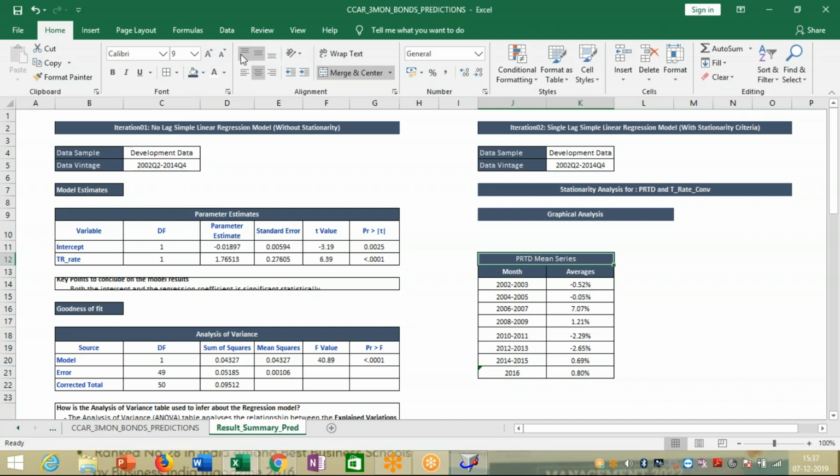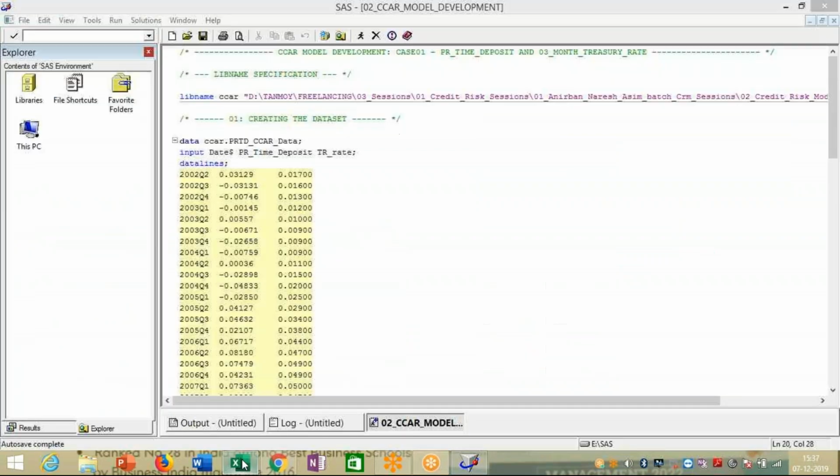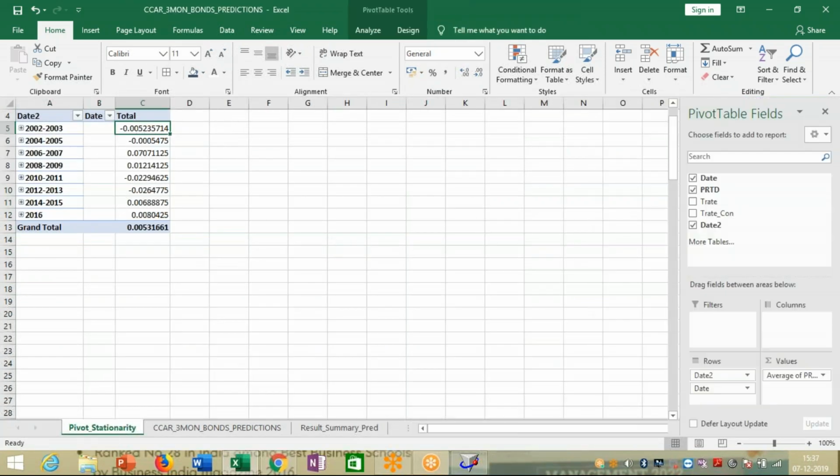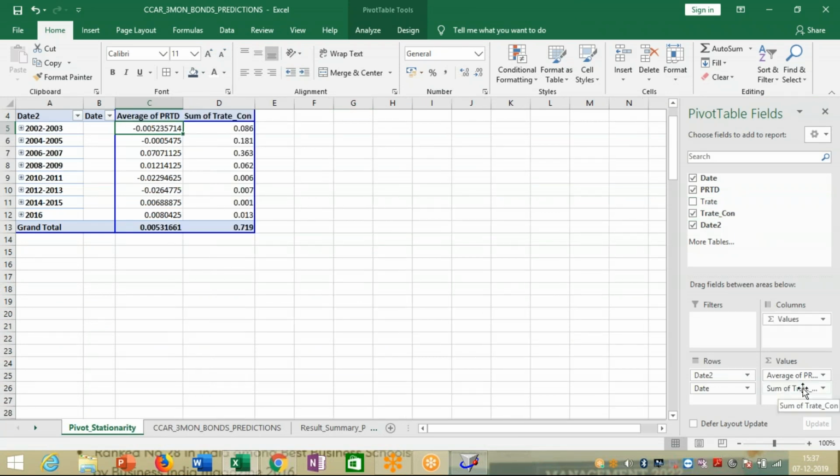Let's plot this graph. And before I go with this plot, we'll also look into the T rate, the T rate converted.